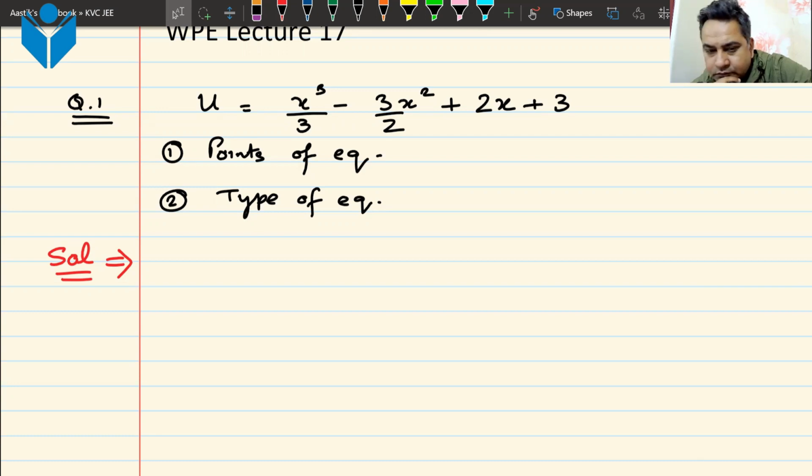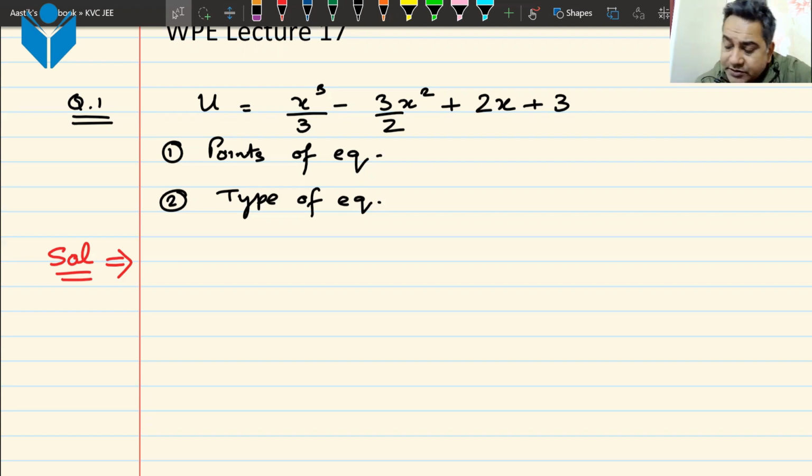The answer is 1/2, sir. Stable. No, that is not correct. I think you have made some mistake somewhere. Anyone else with any other answer? That is stable equilibrium. What are the points of equilibrium?